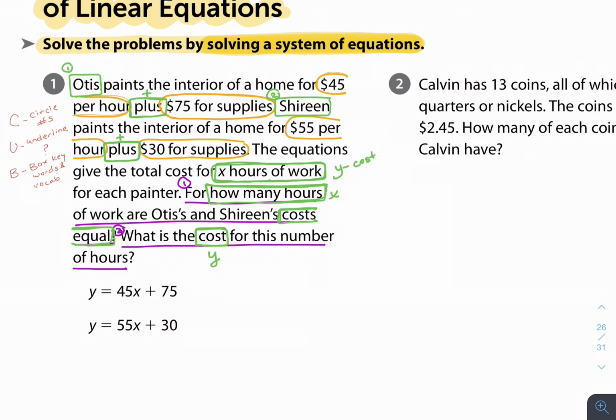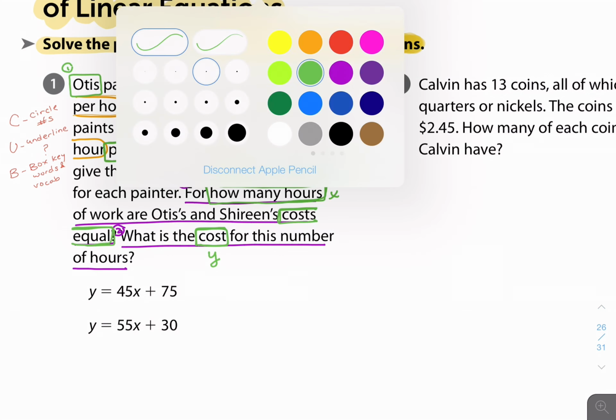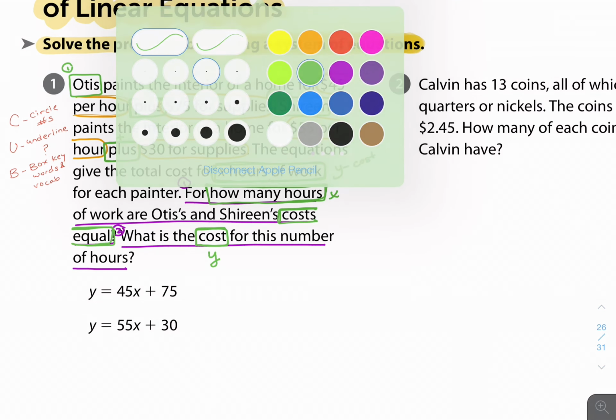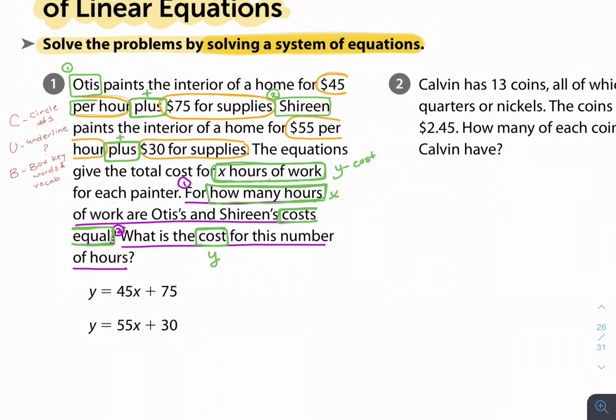Now, the good thing about the first problem is they already wrote the equations for you. But now, with me doing this problem with you, you can see how those equations actually came to be. So here, where it says $45 per hour, and you know what? I'm going to step back and I'm going to box that per, because that per is important.